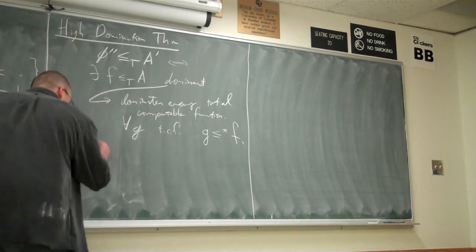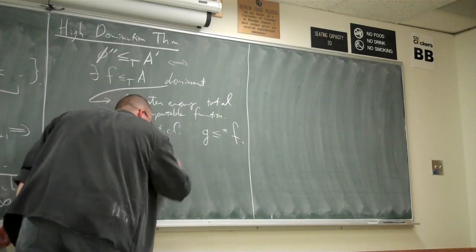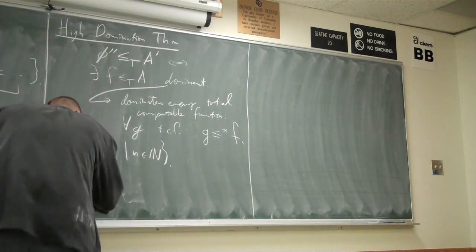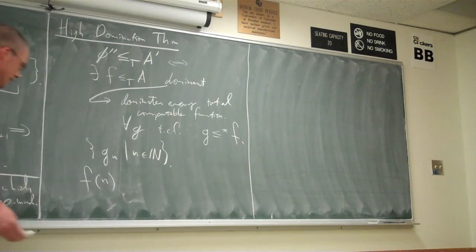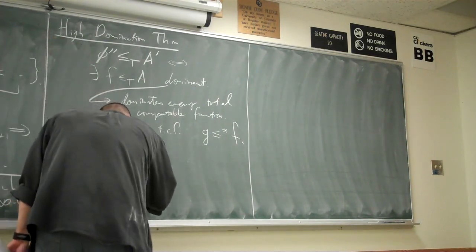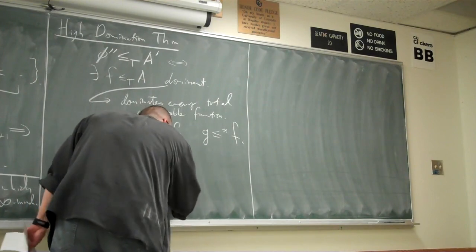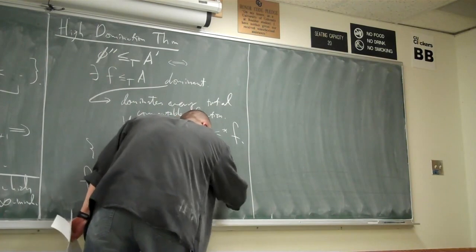But if you have any collection of countably many functions from the naturals to the naturals, then from this you can get the function, you can even write it down completely explicitly. F of n is equal to the maximum of g_i of n for i less than or equal to n.